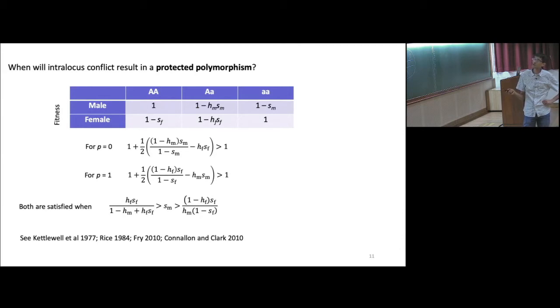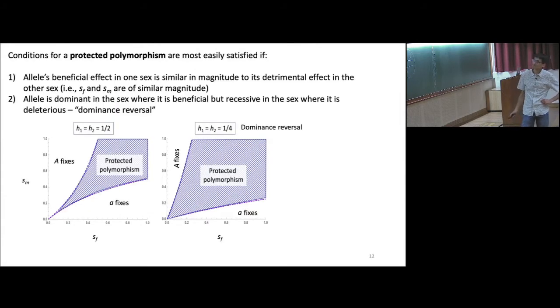Putting those together, both inequalities are satisfied when this relationship holds. So let's just look at what that is. So here is the selection that occurs on females, and here is the selection that occurs on males.